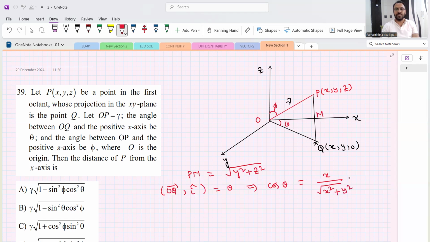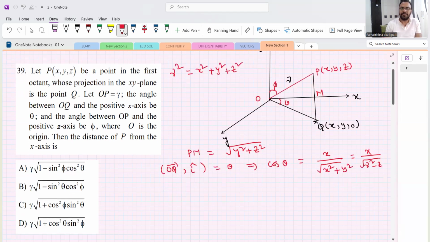So this is nothing but x by under root gamma square minus z square, because gamma square is the squared distance of the point, x square plus y square plus z square.